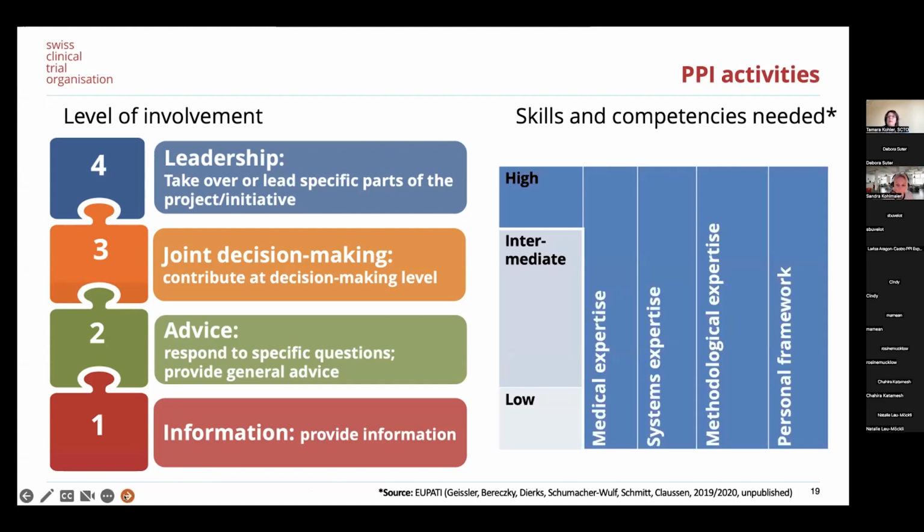Therefore, according to this overview from IICT, we can distinguish between medical expertise, systems expertise, methodological expertise, and also the personal framework. These 2 criteria then help you define the amount for the compensation. You will get concrete examples on how this can be done later on from my colleagues.